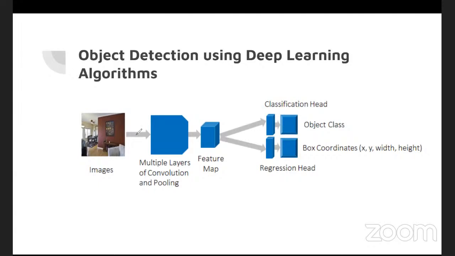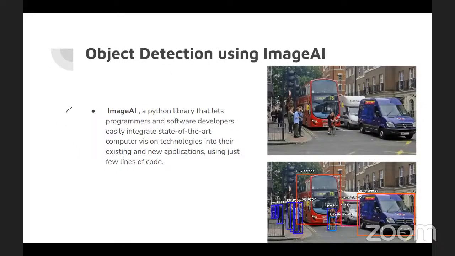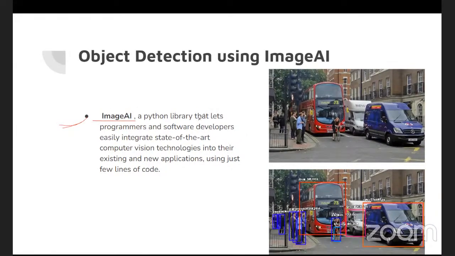Great. So let's now move forward and come to the interesting part, that is the implementation part. We will be doing all this with the ImageAI library. ImageAI is a Python library that lets programmers and software developers easily integrate state-of-the-art computer vision technologies.